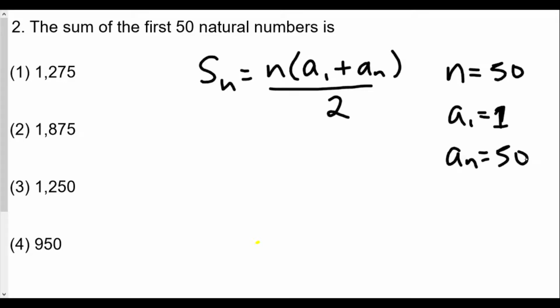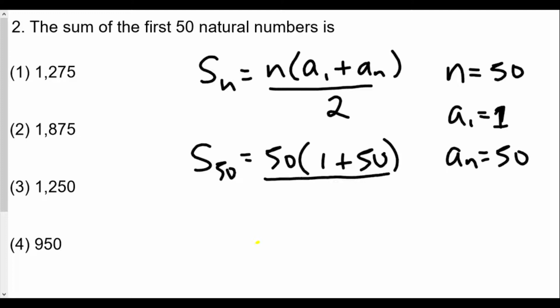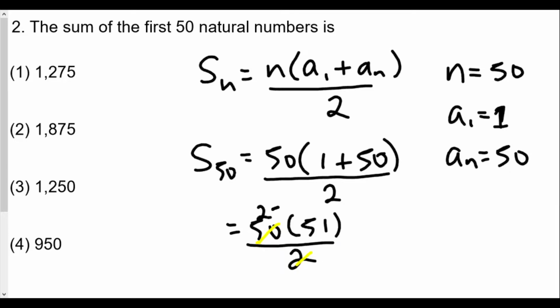And so now we're just plugging into the formula. S of 50 is equal to 50 times 1 plus 50, all over 2. And so we get the sum to be 50 times 51 all over 2. And we're going to divide out the 50 and the 2, and so this becomes 25.